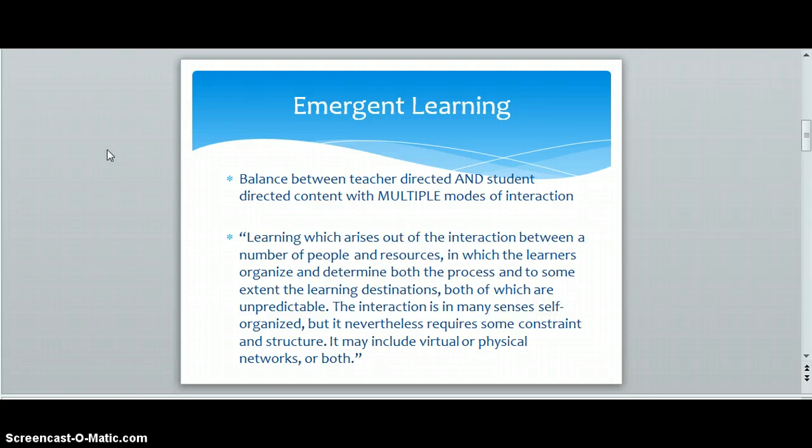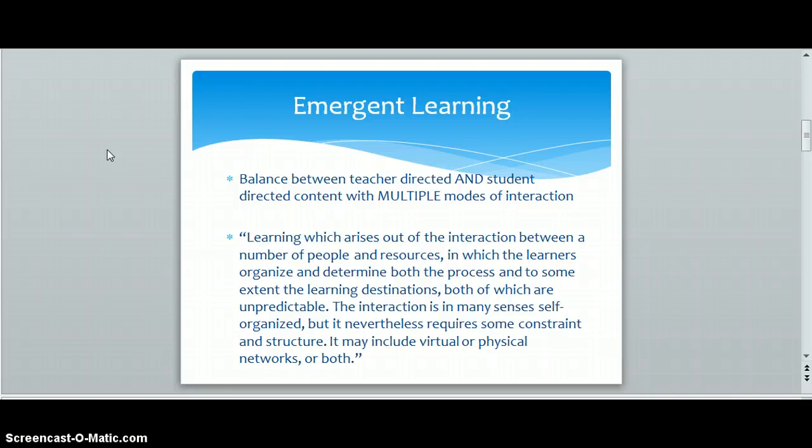So this is basically saying that the teacher is still there to facilitate what is going on. So the teacher may organize and determine what they want to happen. However, where the destination goes depends on the learners in the classroom, since the learners have to take an active role in participating and contributing to one another.